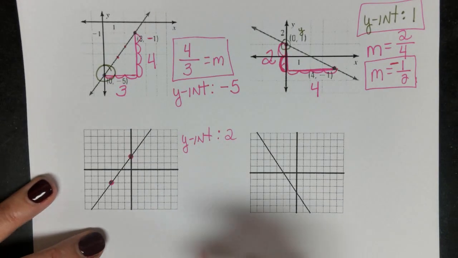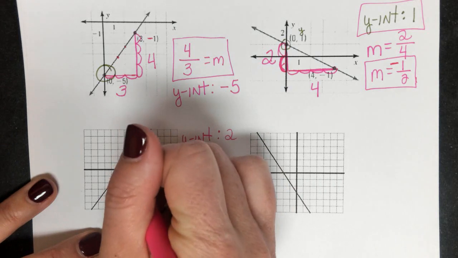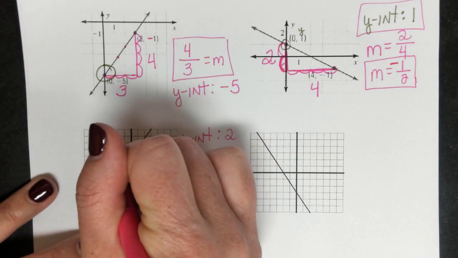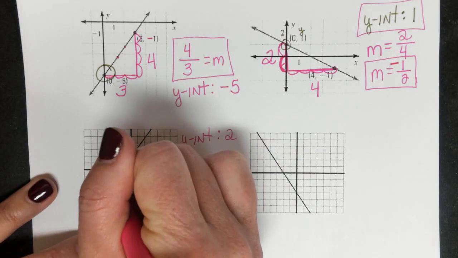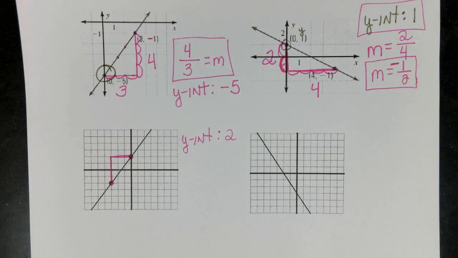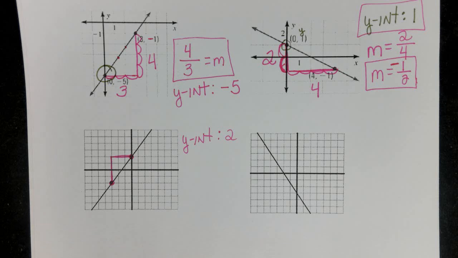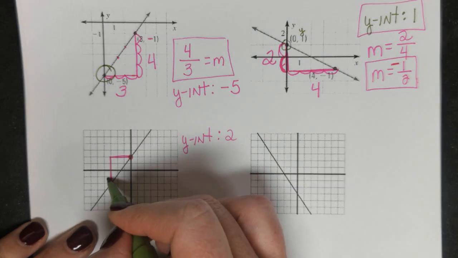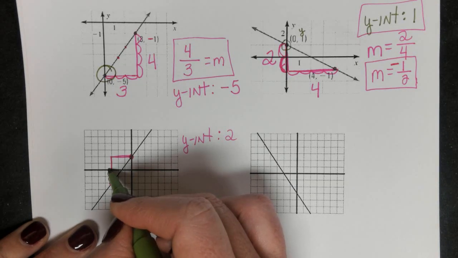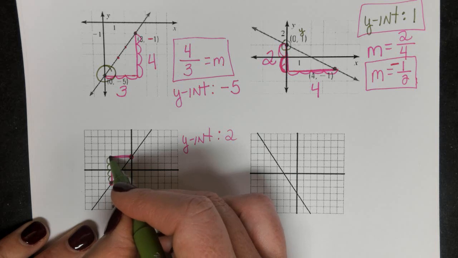Okay, draw your right triangle. This time I'm going to draw my right triangle above the line just so you can see that it's okay to draw it either place. Okay, now I want you to count. What is your rise? 1, 2, 3, 4.